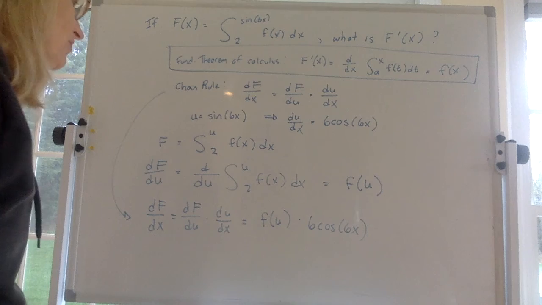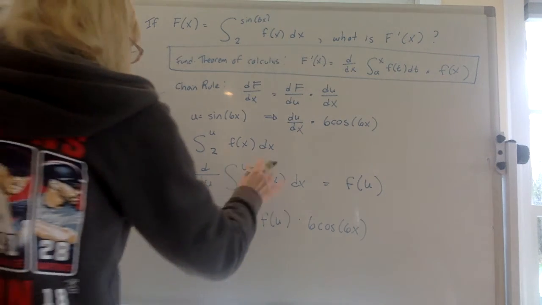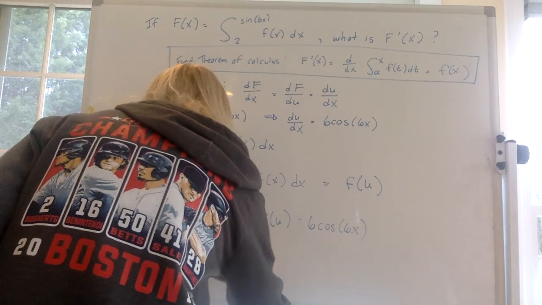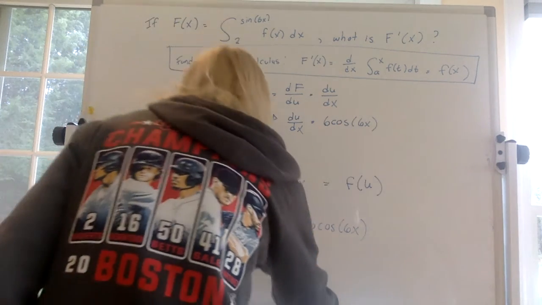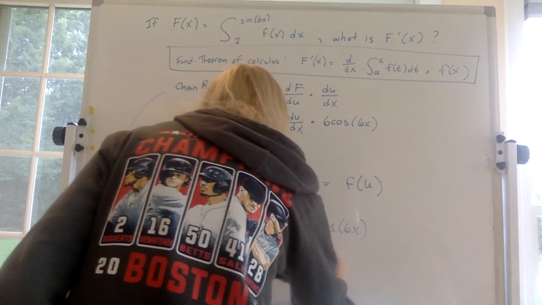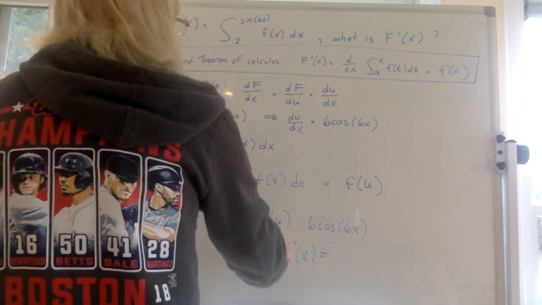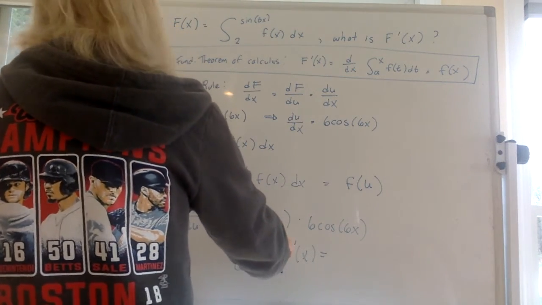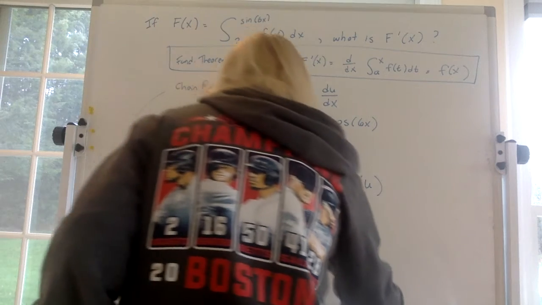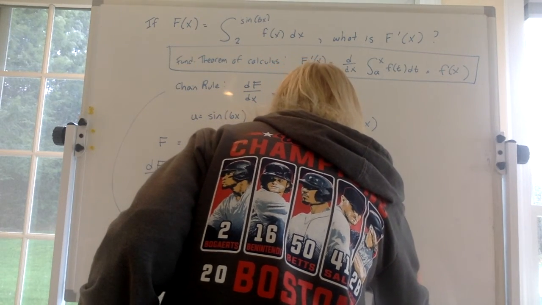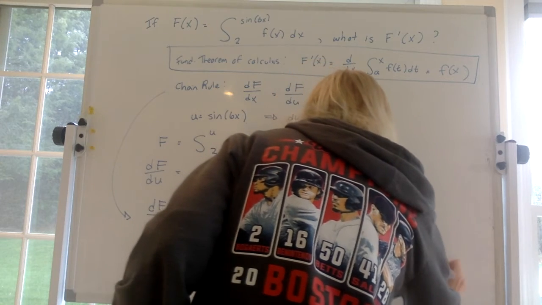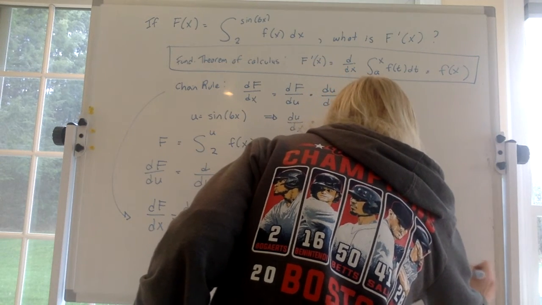The last thing you have to do is substitute your u back. So dF/dx, which is equal to F prime of x, which is what they asked for, is equal to f of, instead of a u there, you substitute what u was, f of sine of 6x, times 6 cosine 6x.